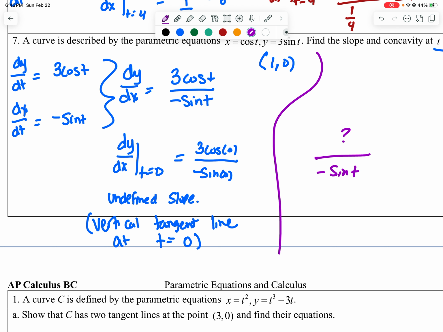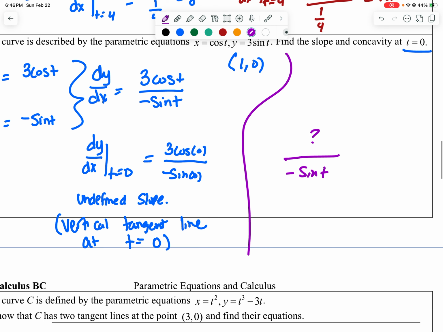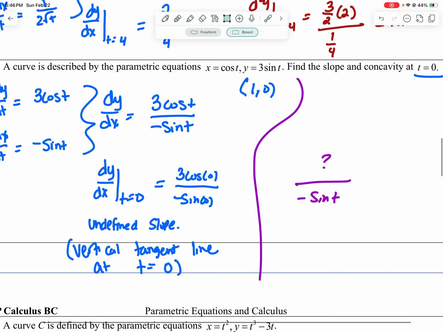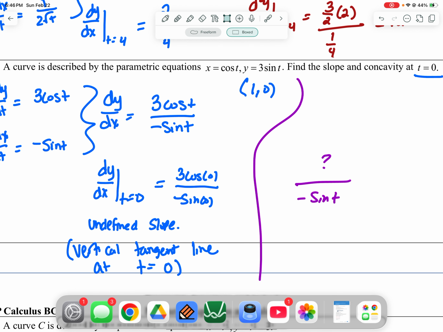And if I plug in 0, I'm going to get, once again, an undefined value. So this also means that my second derivative is also undefined. So what I'm going to do here is actually graph cosine of t, 3 sine of t, so that you guys can look at what's happening at t equals 0 and see what that means in terms of the first derivative and in terms of the second derivative.